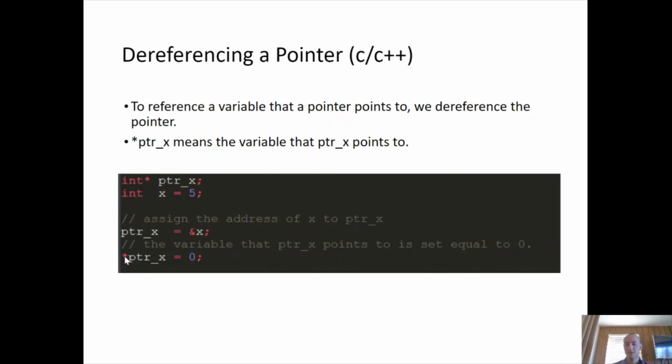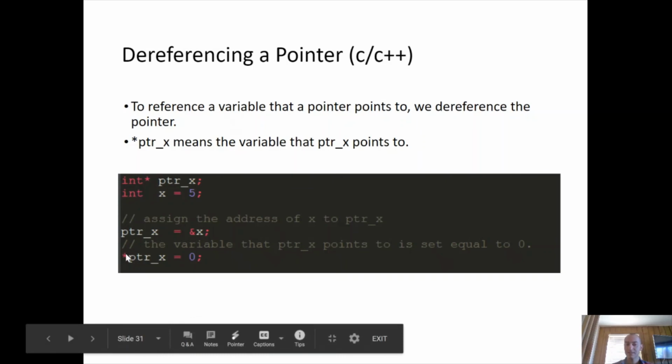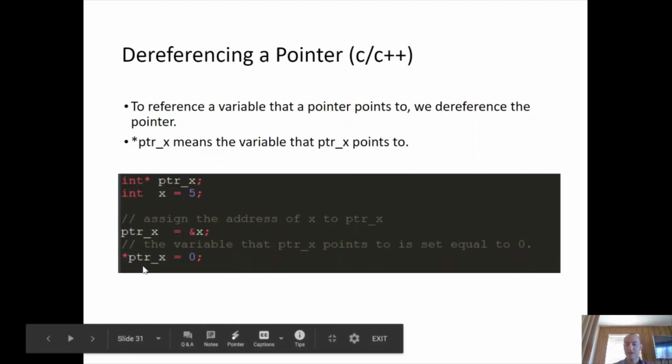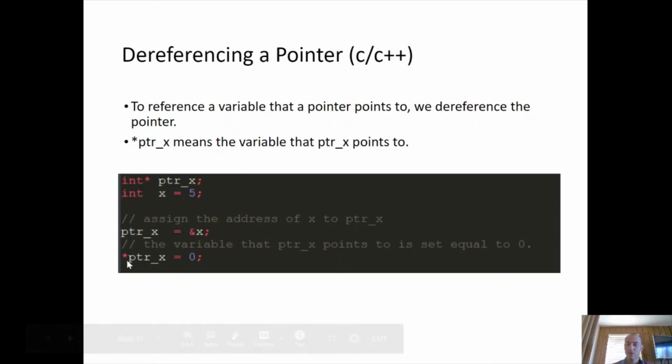Now when you use this, it's the same asterisk or the same star that you saw here, but this is the second use case for it in C and C++, that it's dereferencing that variable. So when you have this and you set it equal to 0, you are actually going to set x to 0.